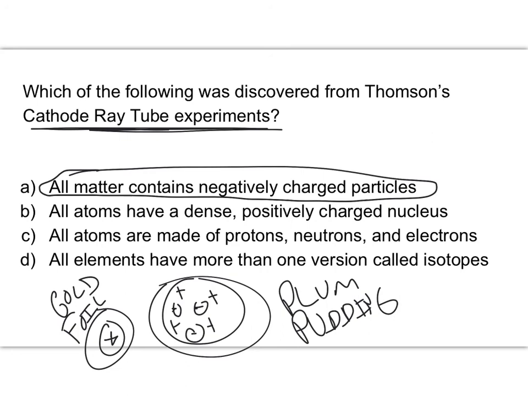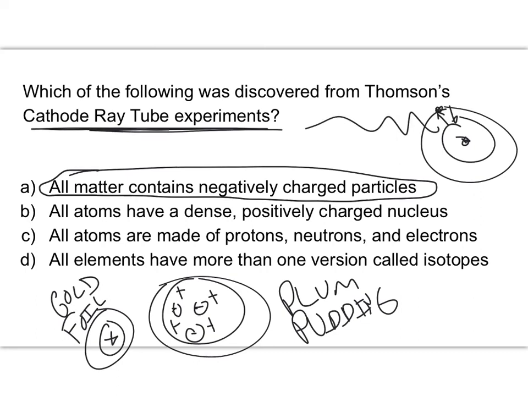So that was Rutherford's gold foil. And then the Bohr model, Bohr is the one who said that electrons orbit the nucleus, and when they absorb energy they jump up, and when they come back down they release light waves. So those are some of the key names you need to keep in mind when we talk about our development of the atom.